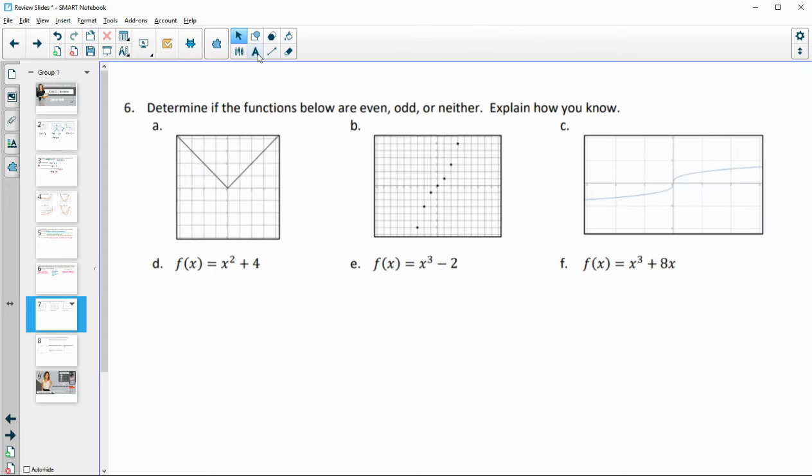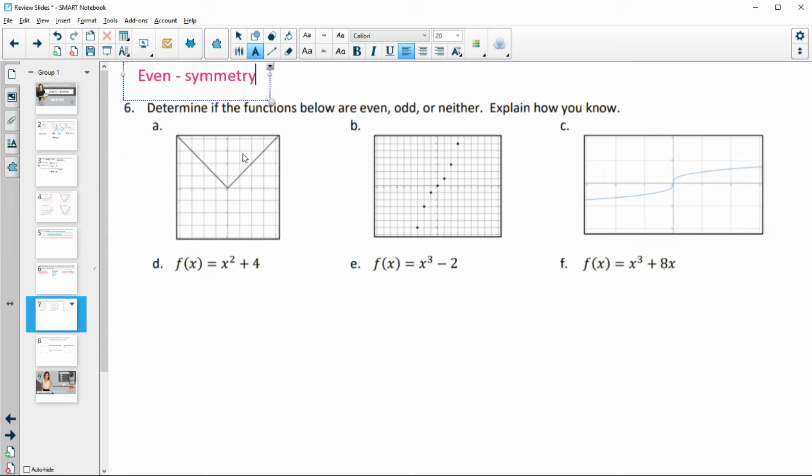All right, in number 6, we're looking at deciding if functions are even, odd, or neither, and explaining how we know. In A, B, and C, it's on a graph. D, E, and F are from an equation. When we're looking at a graph, if it's even, there's going to be reflection symmetry over the y-axis.